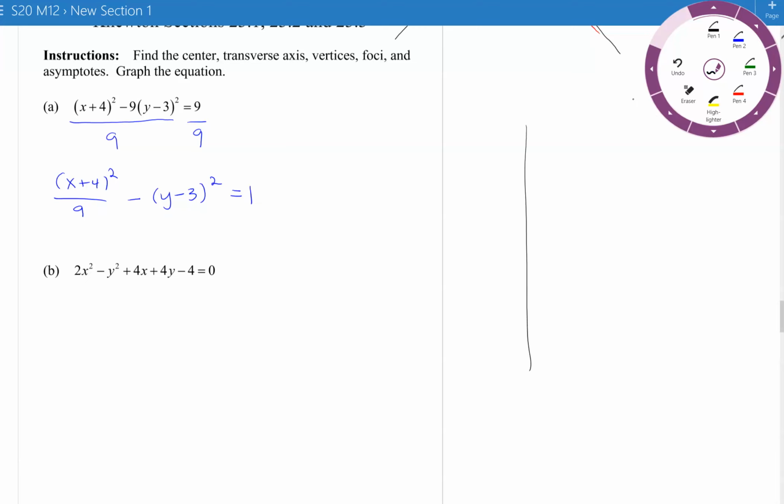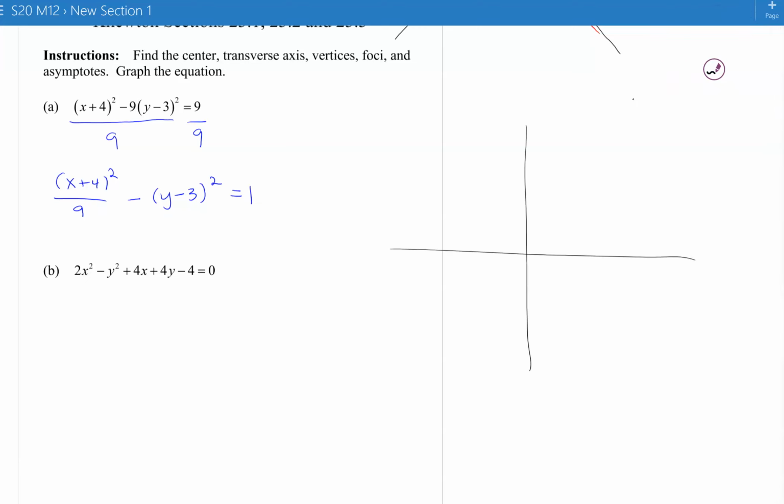Okay, so let's draw what's going on. We have the center at -4, 3. So there's my center.